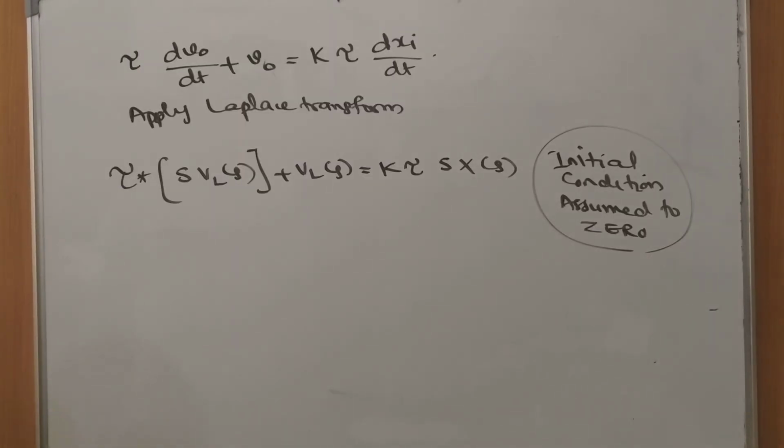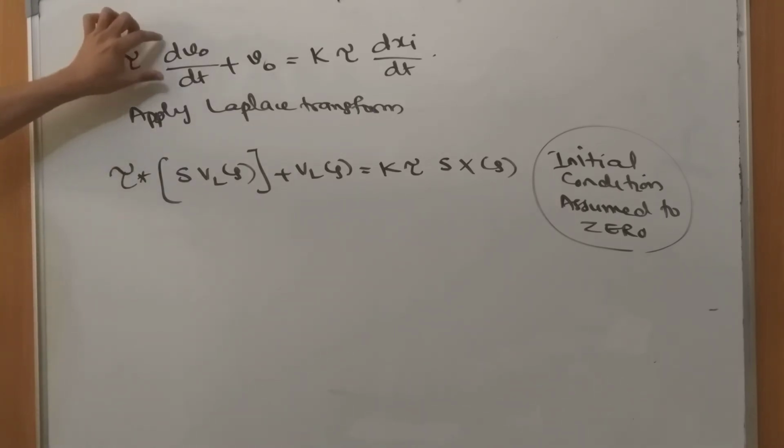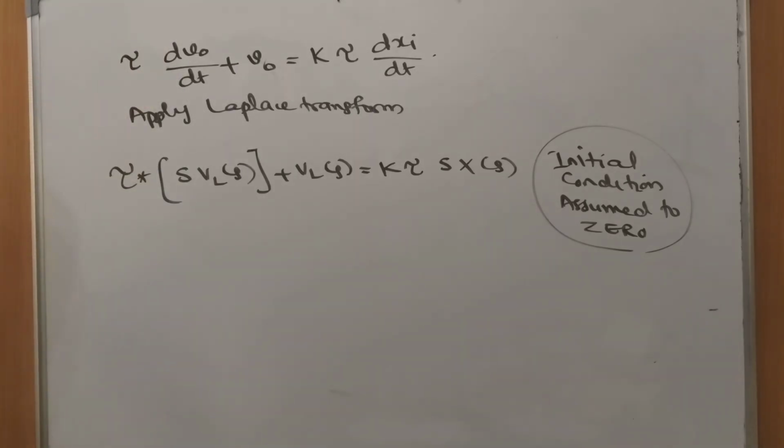Now we will apply the Laplace transform on both sides of this equation. Tau is a constant. The Laplace transform of the derivative of a function is given by s into F of s minus f of 0 plus, where f of 0 is the initial condition.